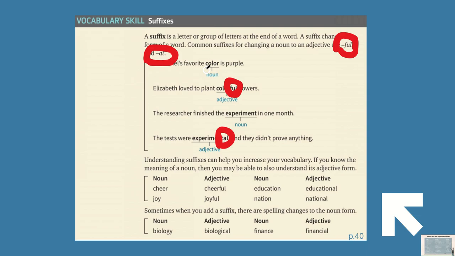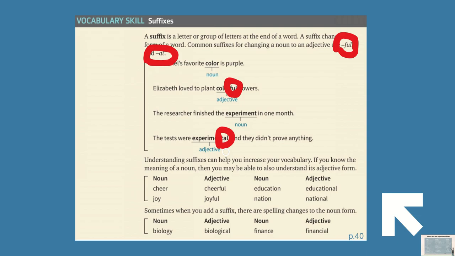All right, so the word color is a noun, but once FUL is added, it becomes colorful and its part of speech changes from noun to adjective. From experiment, which is a noun, to an adjective again, experimental.